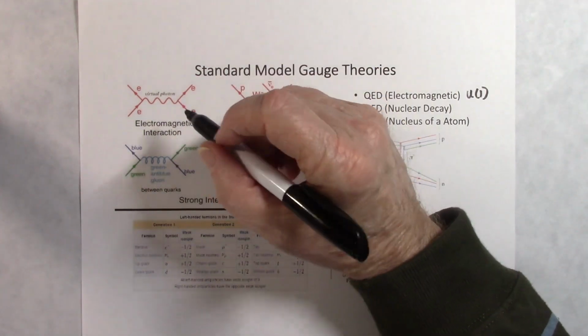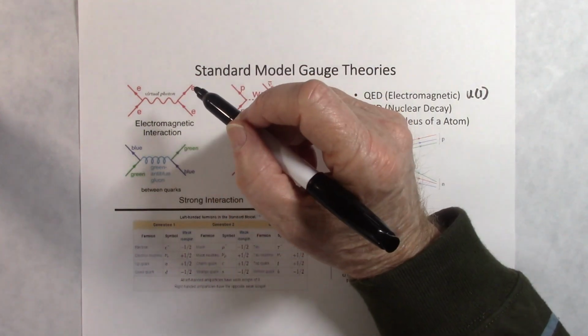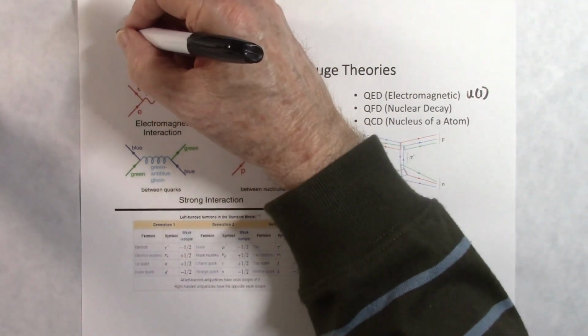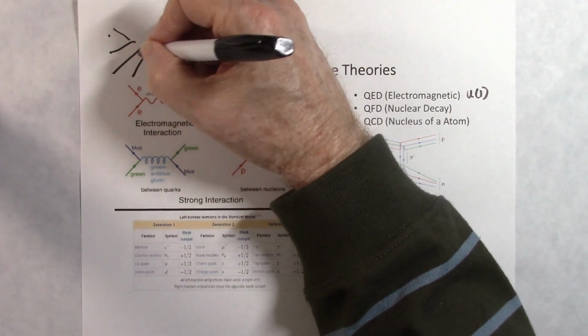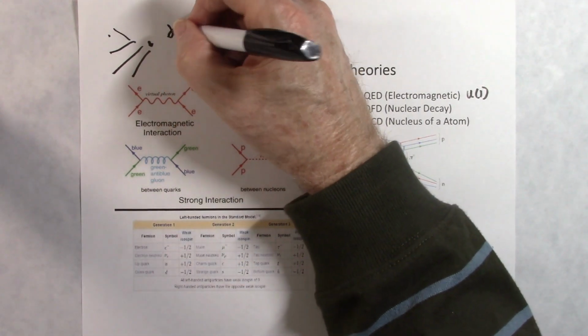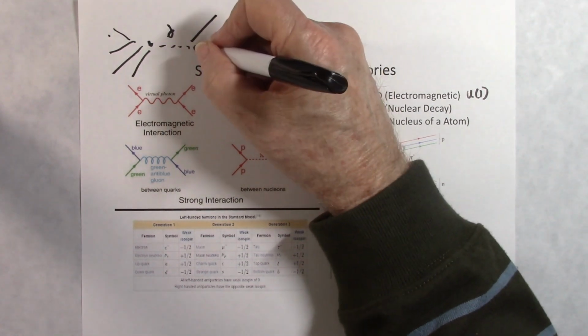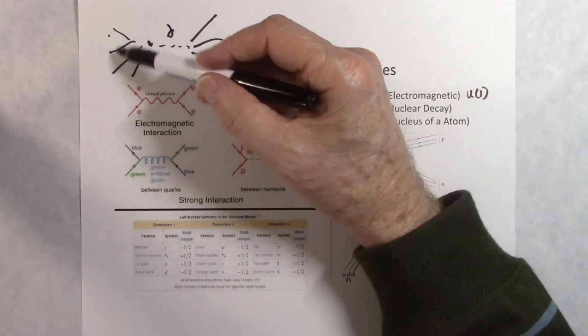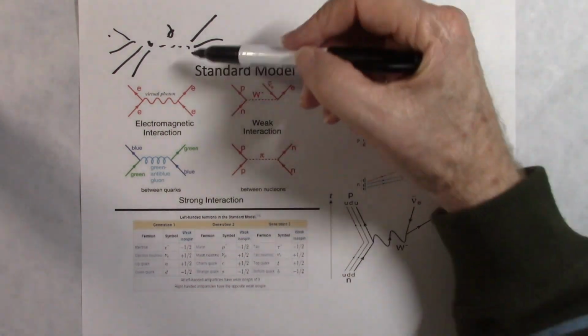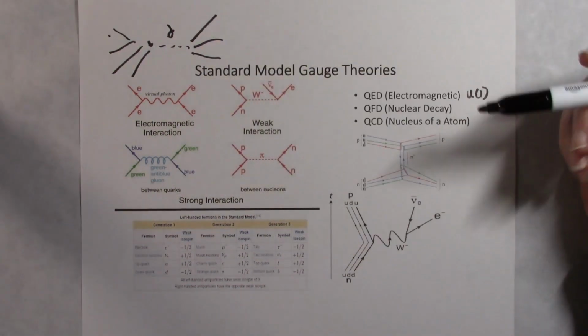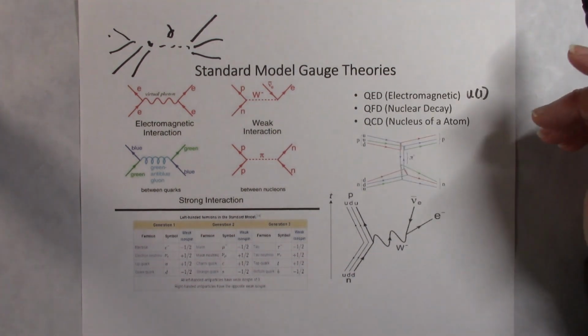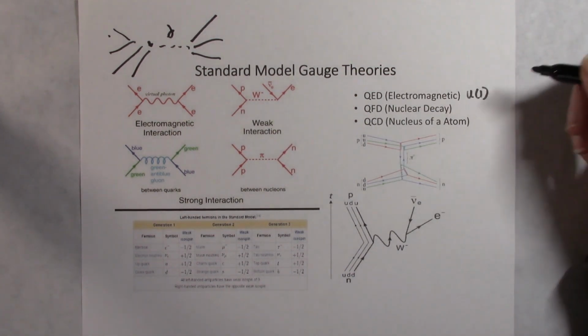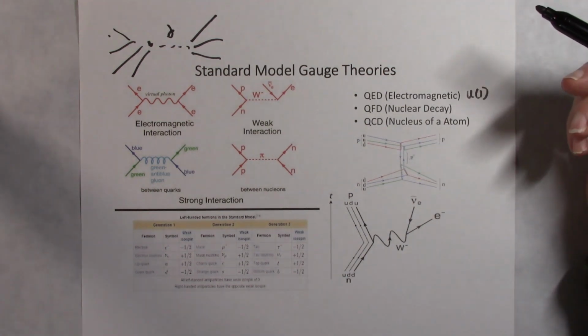You can have a bunch of particles coming in, being annihilated, creating a virtual photon, and then fewer or more particles coming out the other side. But if you add up the electric charges of the particles going in and the electric charges of the particles coming out, they have to be equal. They can't change. And that's what the symmetry is in the theory of quantum electrodynamics.